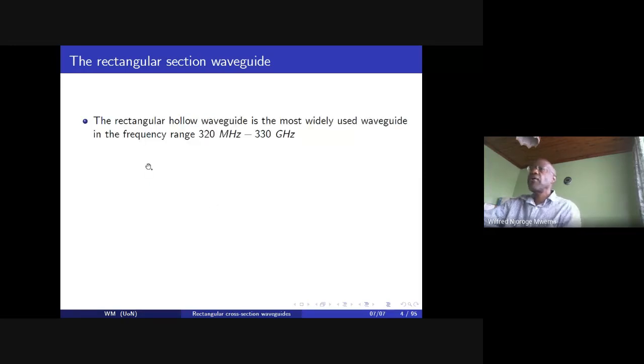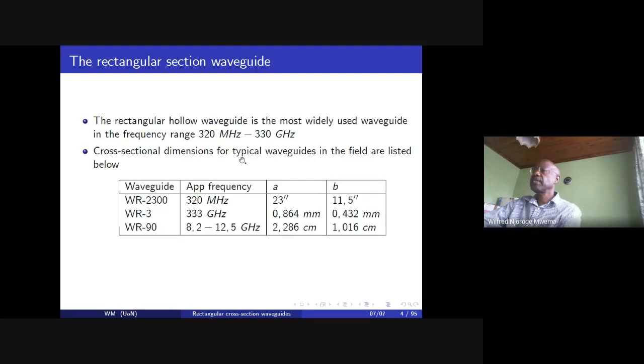So the rectangular hollow waveguide is the most widely used waveguide in the frequency range between 320 megahertz to 330 gigahertz. The cross-section dimensions for most typical guides that you'll get in the industry would be the WR2300, which operates at 320 megahertz and has an A of 23 inches and a B of 11.5 inches.